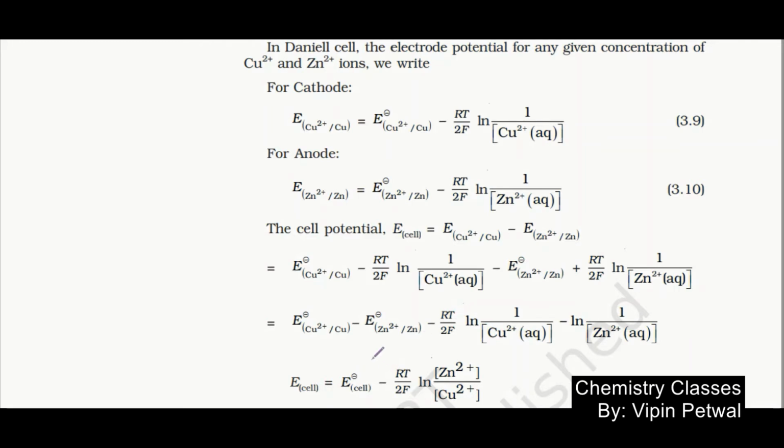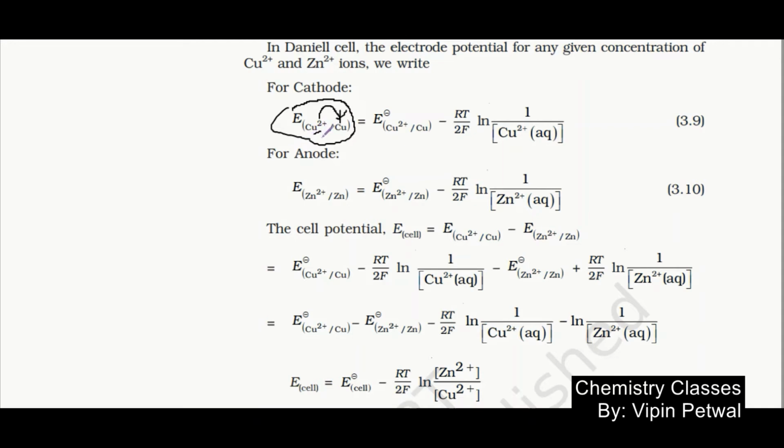Now look at this. In the Daniell cell, the electrode potential for any given concentration of Cu2+ and Zn2+ ions, we write for the cathode, you can look here, E Cu2+/Cu. It means this is reduction potential because Cu2+ is getting reduced to Cu.